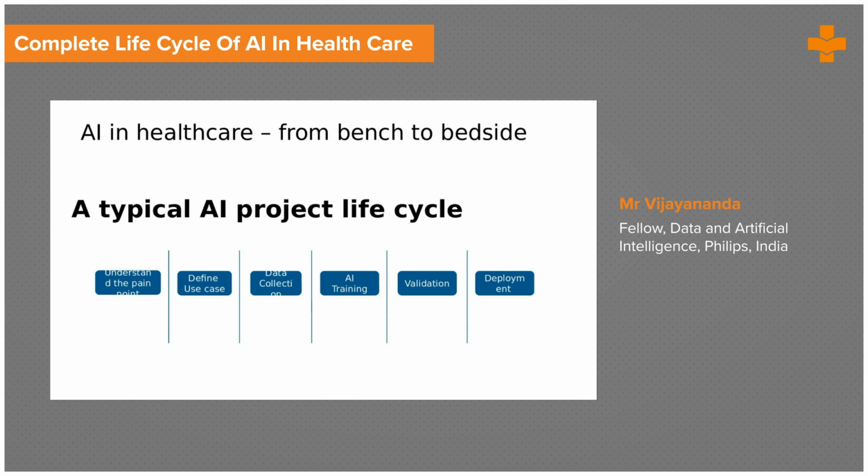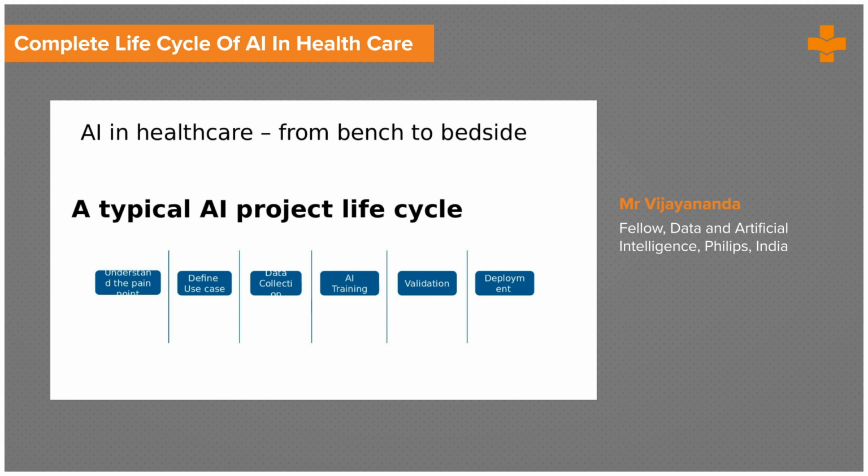Okay, so if I take a typical AI life cycle, you see that there are quite a few steps involved, starting from understanding the pain point and then defining the use case we are targeting. And then there are primarily four main steps in a typical AI life cycle.